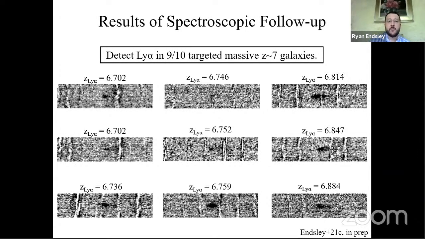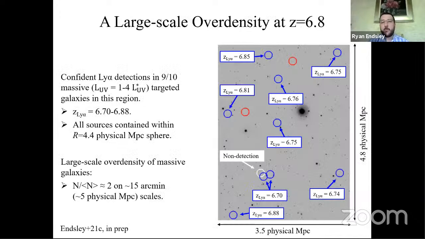All right, so that's a 90% Lyman-alpha confirmation rate in this region here, where all the Lyman-alpha detections have redshifts between 6.7 and 6.88. All targeted galaxies are massive, with UV luminosity spanning 1 to 4 times the characteristic UV luminosity, and all sources are contained within a sphere of radius 4.4 physical megaparsecs.